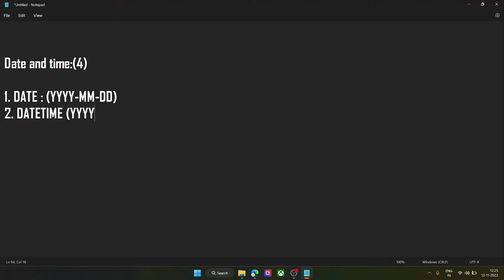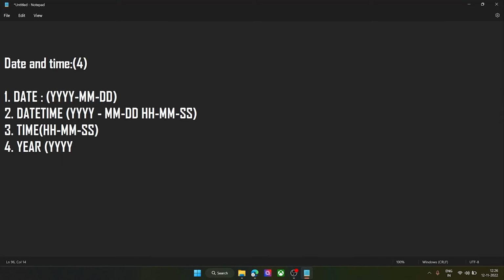It will be like YYYY-MM-DD with a space, and after that hour, minute, second. Third type is only time. It will be like hour, minute, second. Fourth one is year, YYYY. That's all. These are all the three categories of data types.